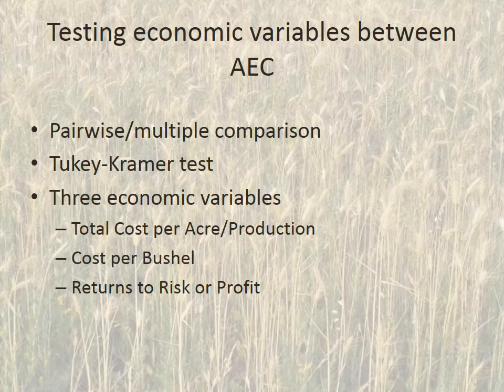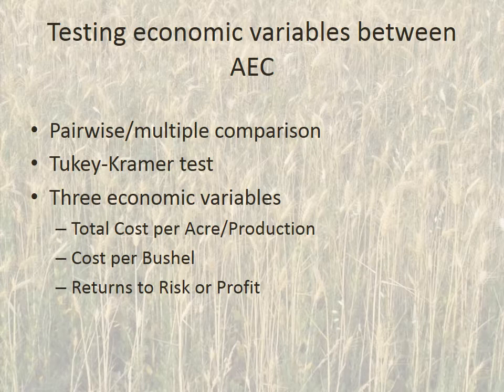What I wanted to do is look at those three economic variables and see if they are good economic variables for our classes. The agroecological classes are separated by biological and agronomic differences, but I wanted to see if the classes worked also for economic variables, if we could see a difference between the economics of these farms between classes.